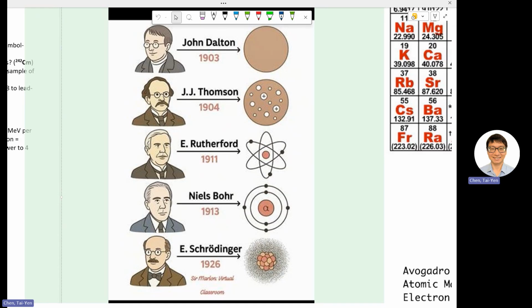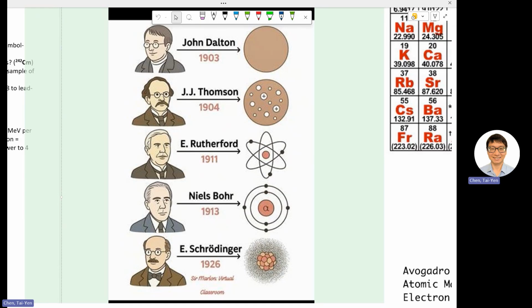But the model closer to reality is that we just have a bunch of electrons surrounding the nucleus, and they show up at specific locations at specific times. There is a specific probability associated with that, and that probability makes it look like the electron has a certain orbit around the nucleus.